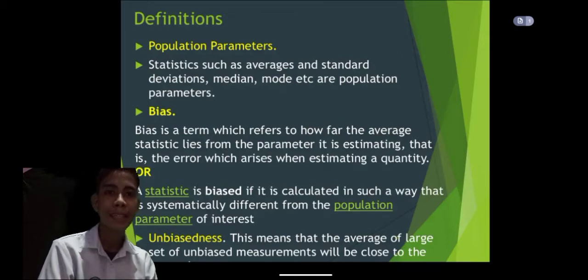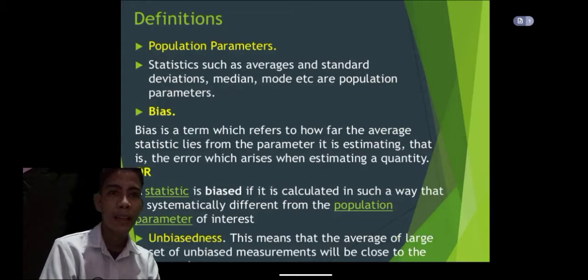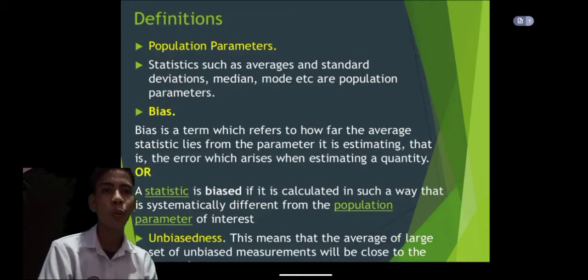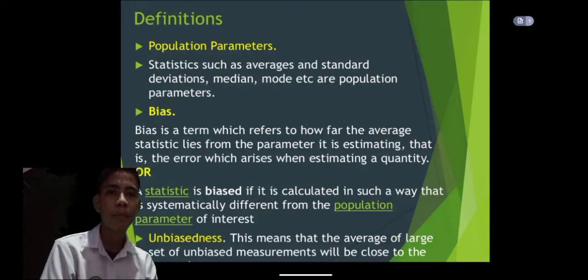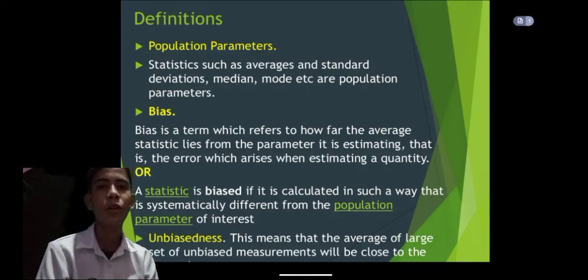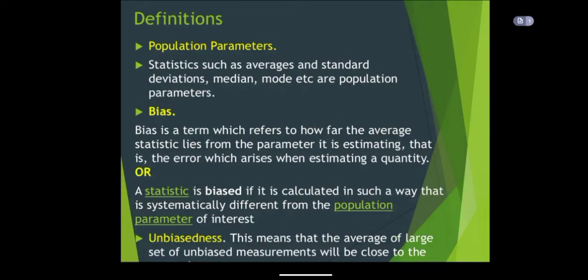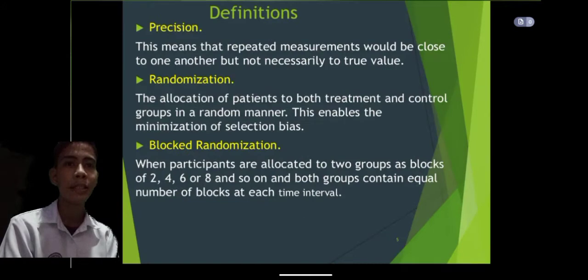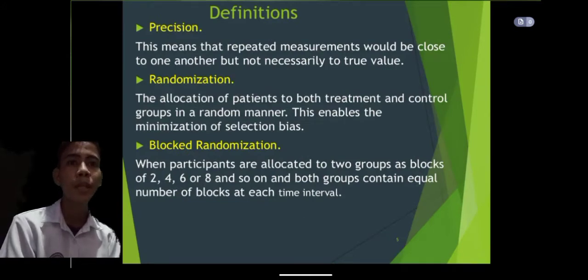A statistic is biased if it is calculated in such a way that it is systematically different from the population parameter of interest. Unbiasedness means that the average of a large set of unbiased measurements will be close to the true value. This means that repeated measurements would be close to one another but not necessarily to the true value.